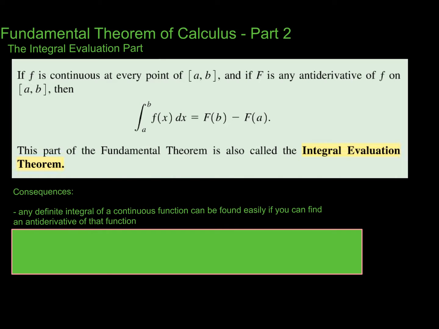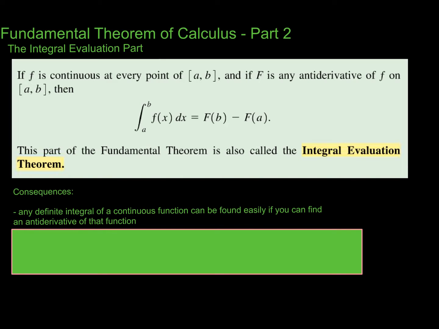That was the role that the accumulator function played. And that means that anytime we are taking the definite integral of a continuous function, there will be an antiderivative. It just comes down to, can we find it easily? And then once we've found it, we can evaluate it at the upper limit and at the lower limit of integration, take the difference between the two, and that is the value of our definite integral.